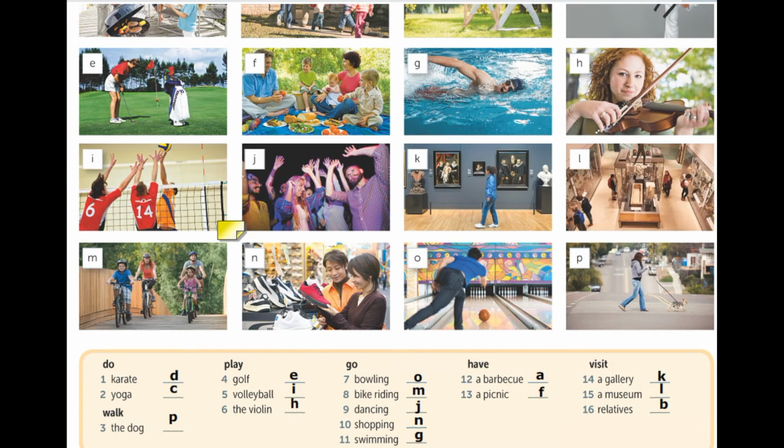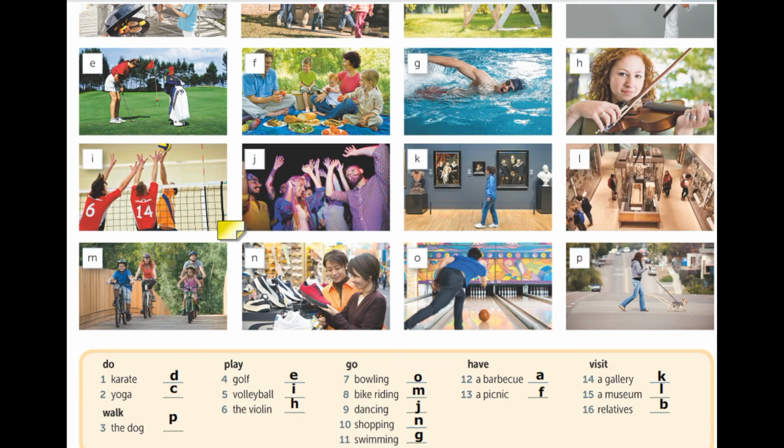With the verb go, we have the activities in numbers 7, 8, 9, 10, and 11 in letters O, M, J, N, and G. So in number 7, you say go bowling. Picture O, the boy is bowling, or the boy is going bowling.